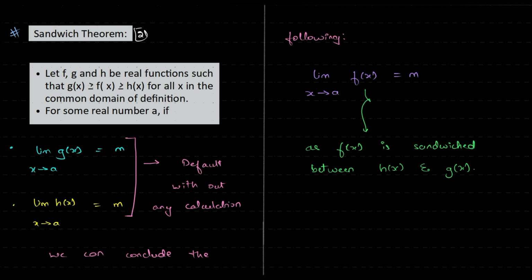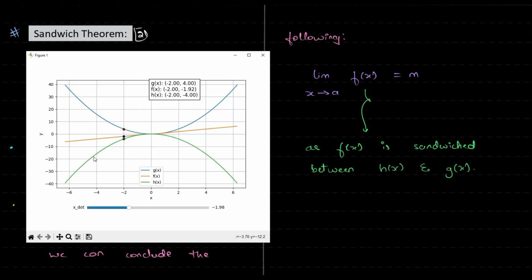So the example is clear over here. We have g of x, h of x, and f of x. g of x is more than f of x, which in turn is more than h of x. Agree? Now you can see the x coordinates are the same. Look at the y coordinates. We have the greatest, the middle and the lowest.